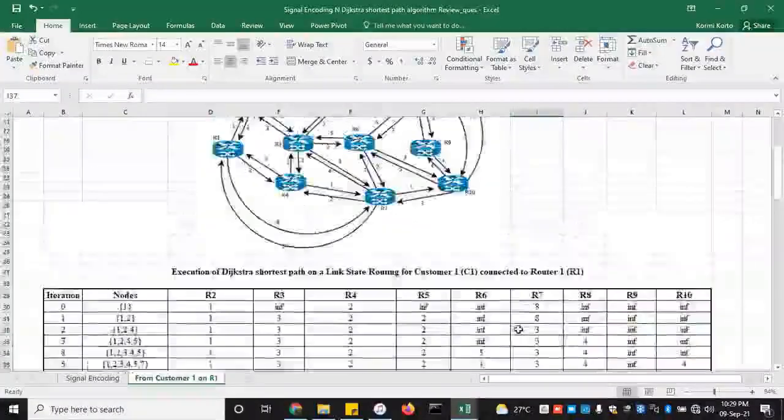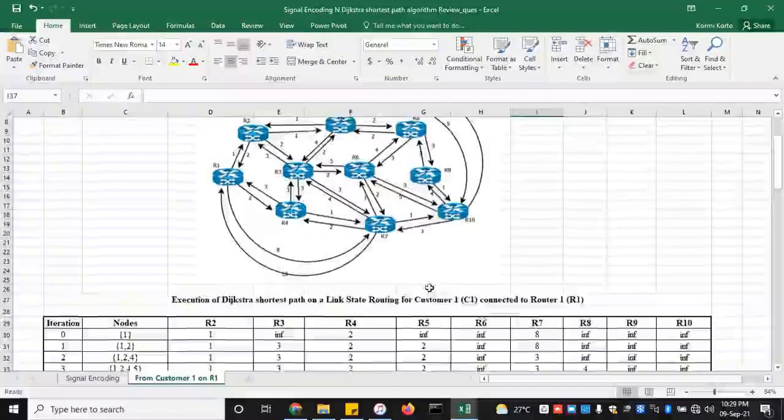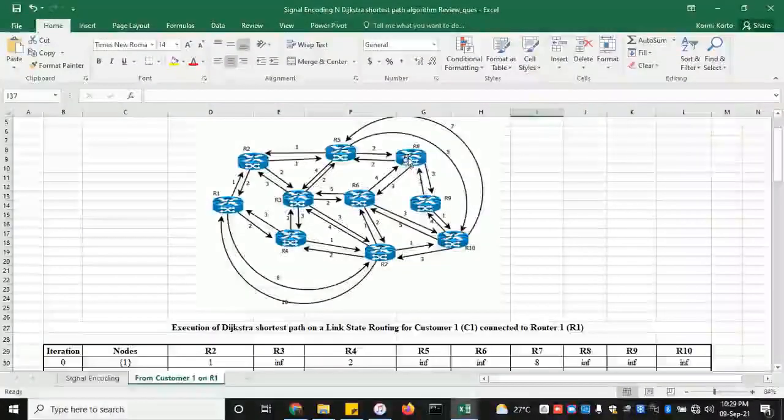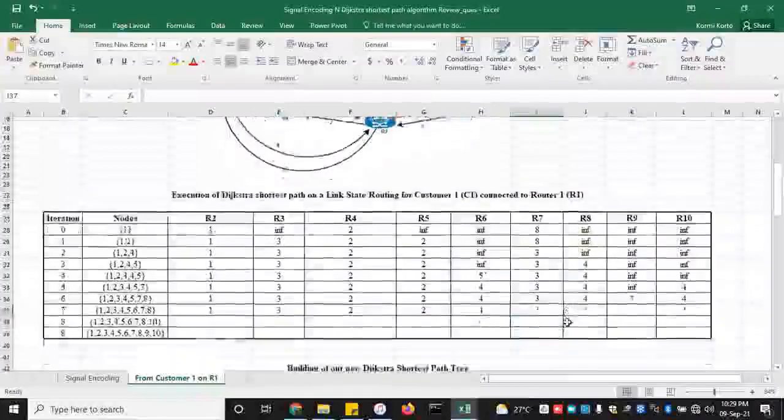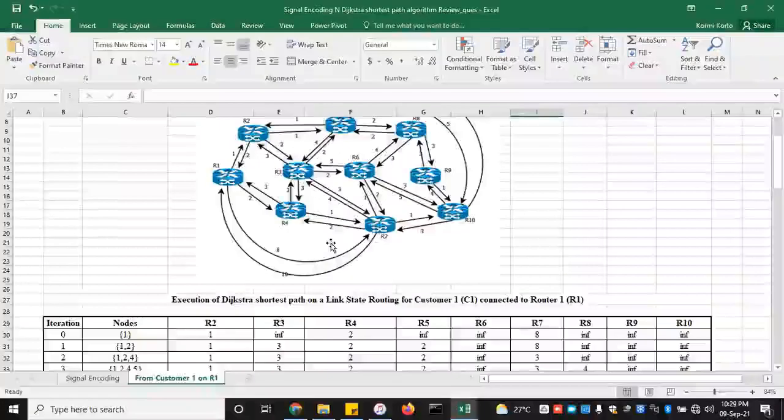now what about 7? Even though we included 8, 6, and all that, does the value for 7 change? Well, let's go through and see. It wasn't looking at a cost from 8.